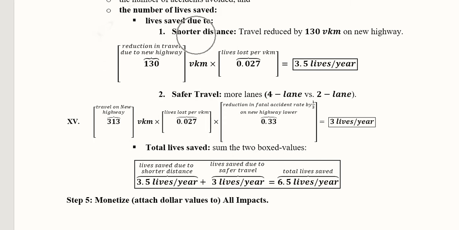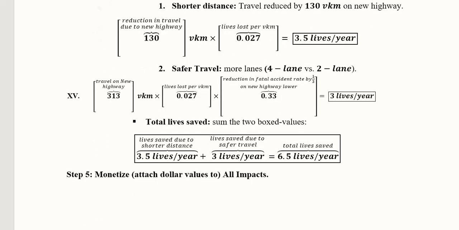The earlier figure was due to shorter travel, because this much distance was avoided due to the new highway, which was shorter in distance. Now summing these two values, we can get the total lives saved, due to shorter distance and due to safer travel.